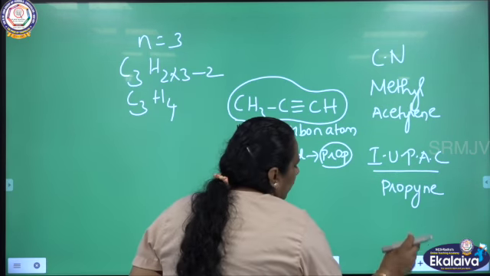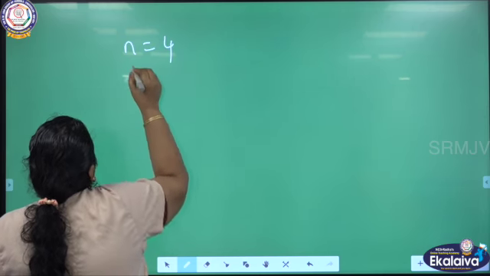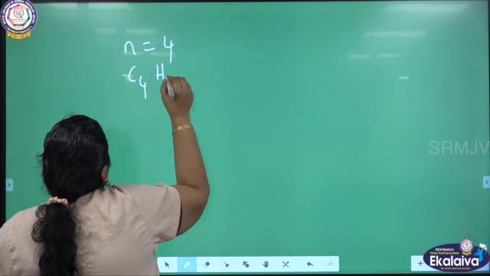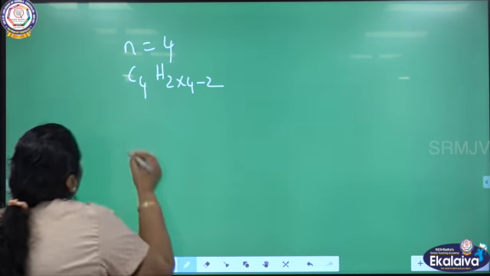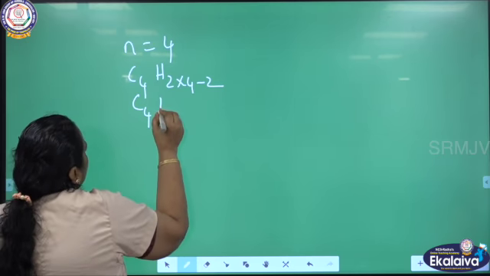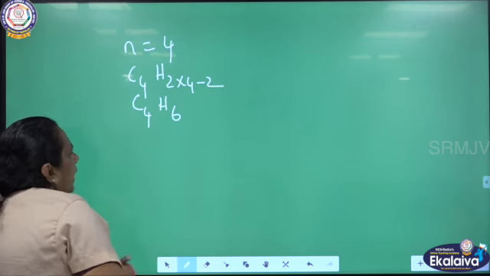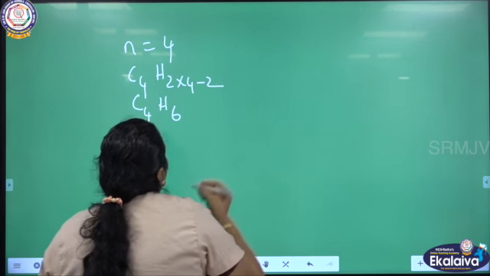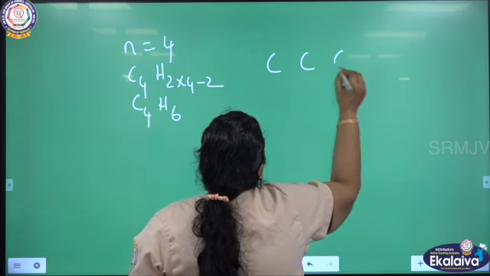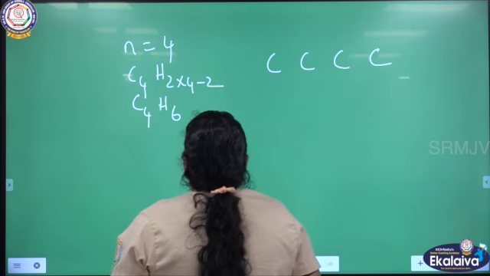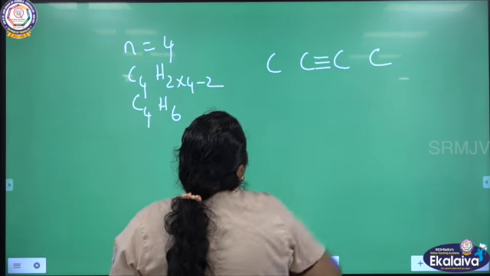If you substitute n is equal to 4, what will you get? C4H(2 into 4 minus 2). In such a case, what will you get? C4H6. 2 fours are 8, 8 minus 2, 6. C4H6. There are 2 possibilities we are going to see. Carbon, carbon, carbon, carbon. I am going to draw a triple bond between the second and third carbon.